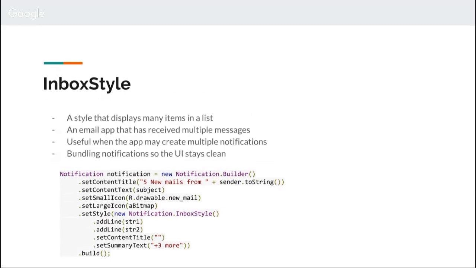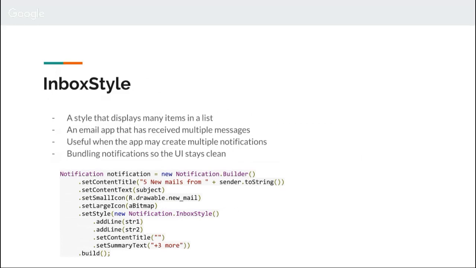Then the inbox style, where messaging applications use this a lot. Email applications, a lot of applications where you have to actually stack messages, right? They show important items in a sort of list.